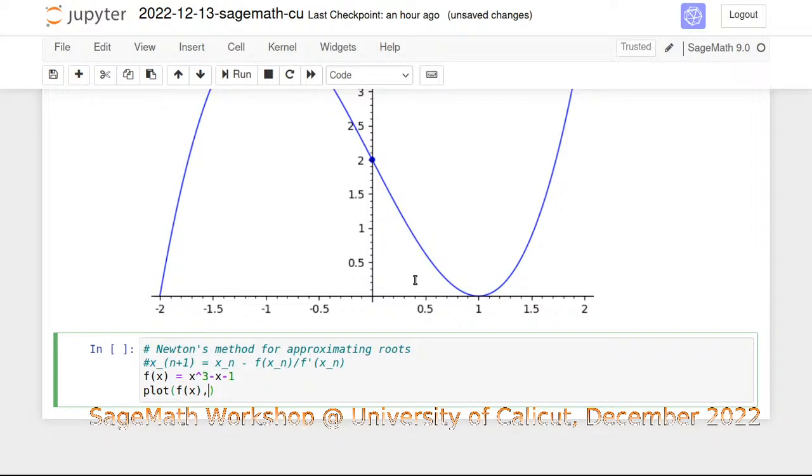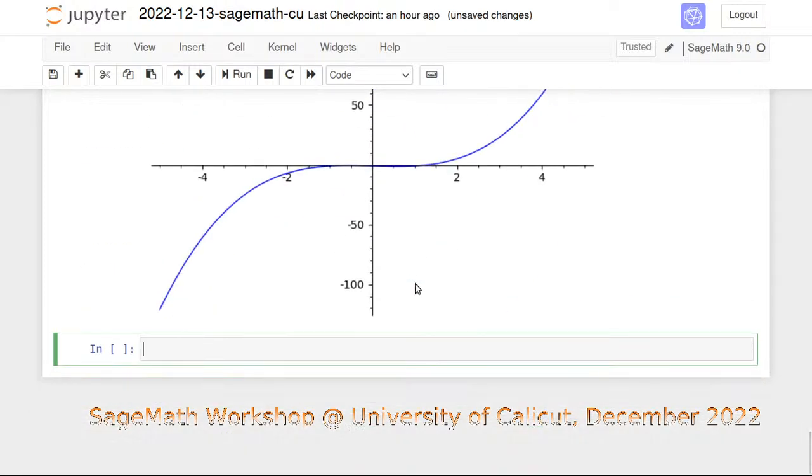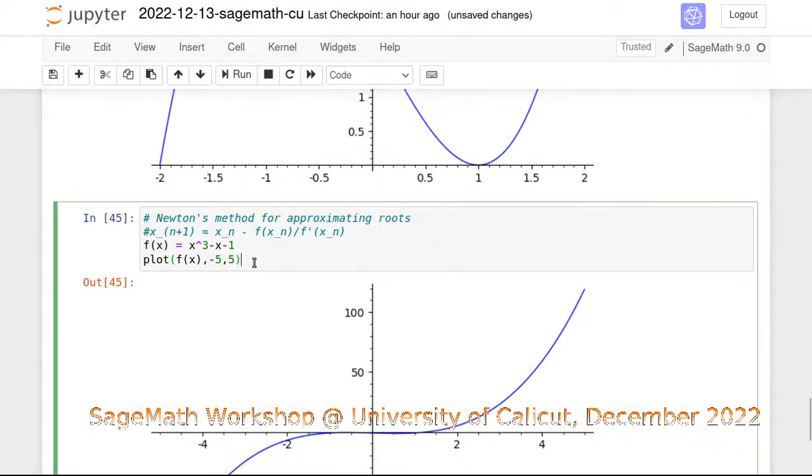By plotting, in the range say minus 5 to 5, a reasonably large range, it seems to cross the x-axis between minus 2 and 2. Remember that Newton's approximation will give you only one approximate root, right?